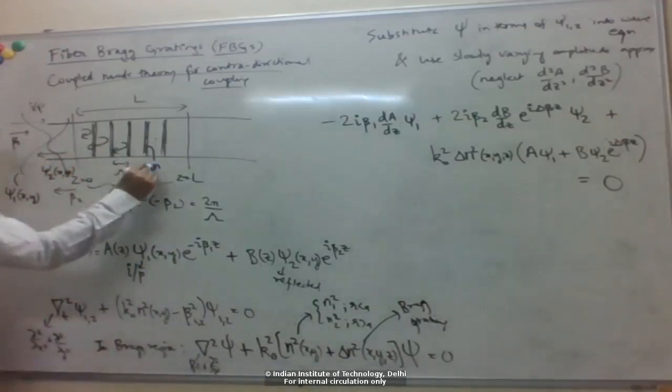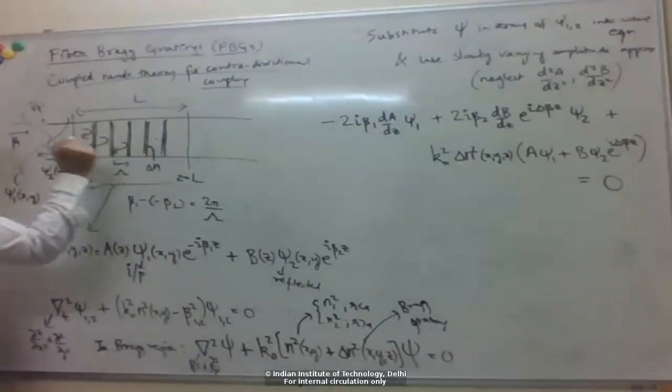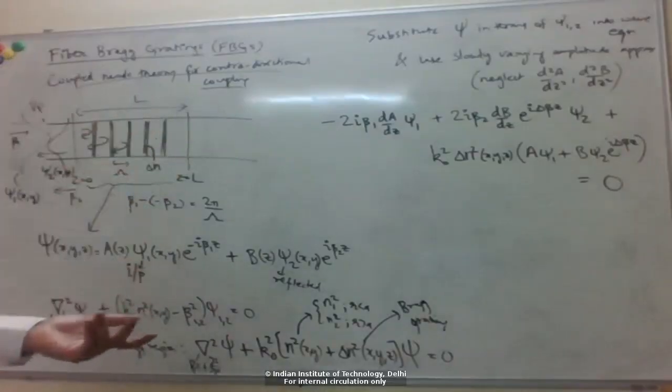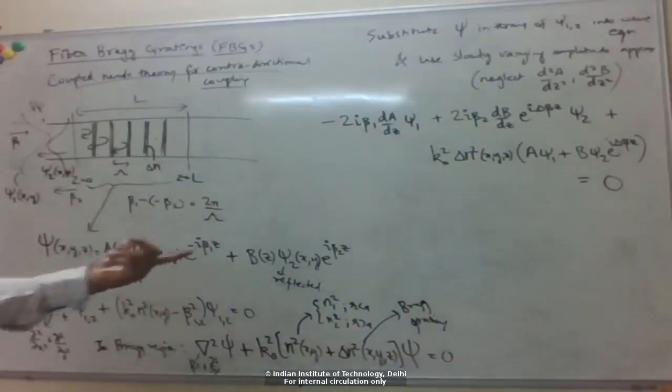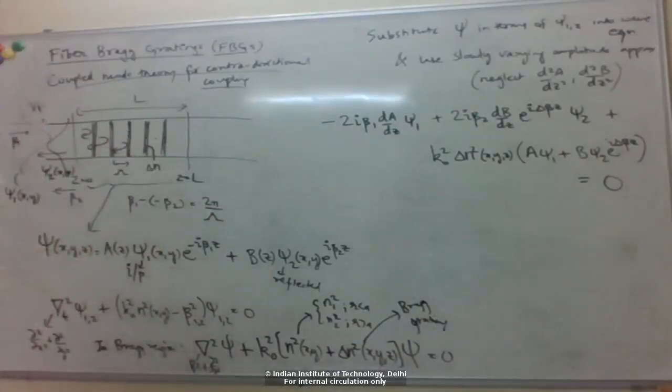So if this change in index is higher, you can imagine that you'll get stronger reflections and the coupling will be stronger. Okay, so we'll explicitly see that the coupling coefficient will be directly proportional to this delta n, how much index change.